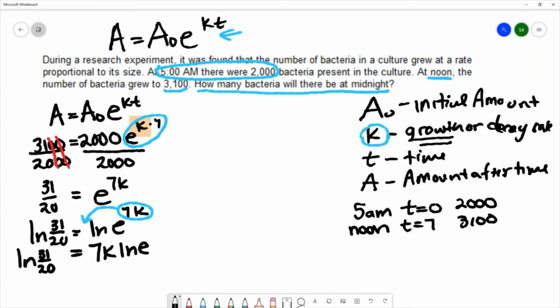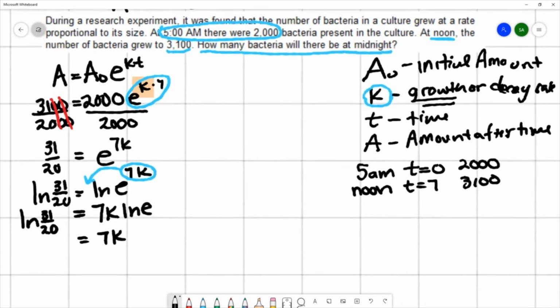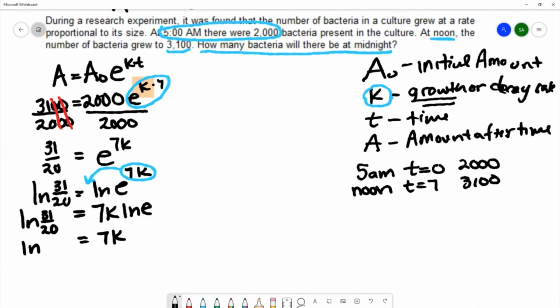Natural log of e is 1, so this simplifies to be 7k, because 7k times 1 is 7k. And then we can divide both sides by 7 to get our value of k. We write it out over here. We have k equals natural log of 31 over 20 all over 7.